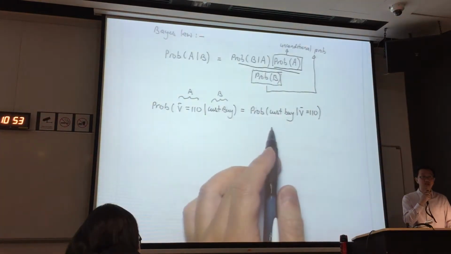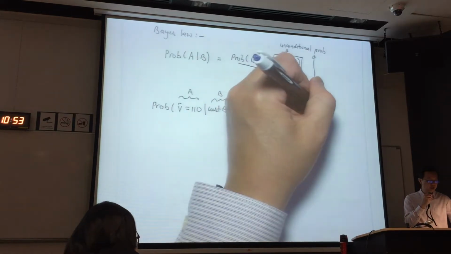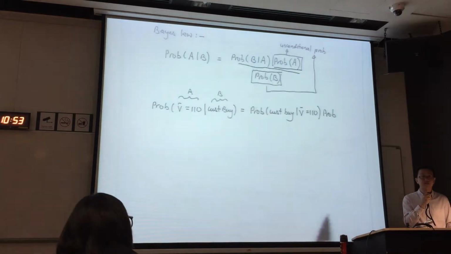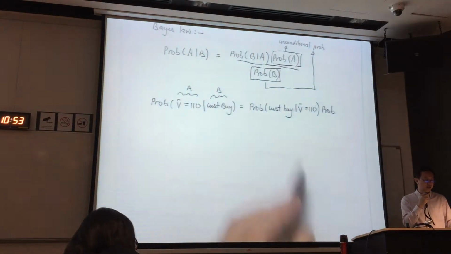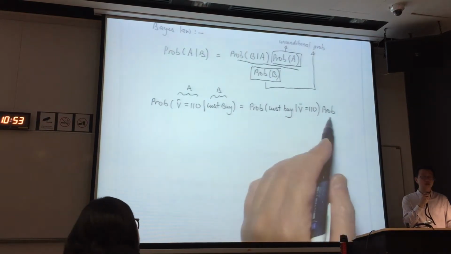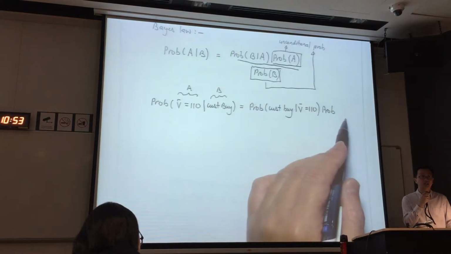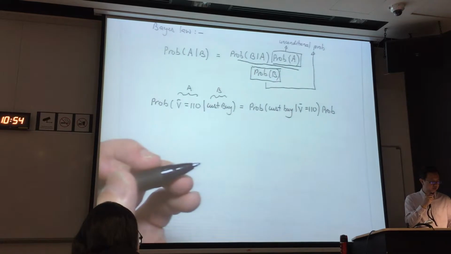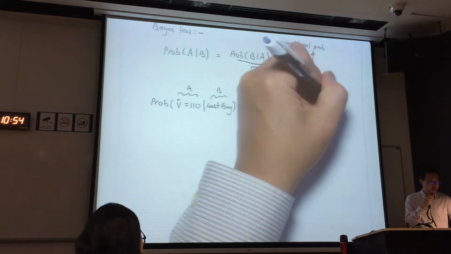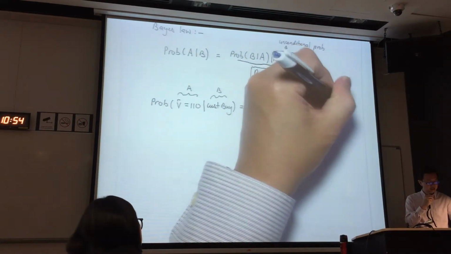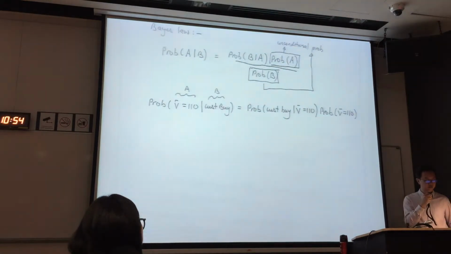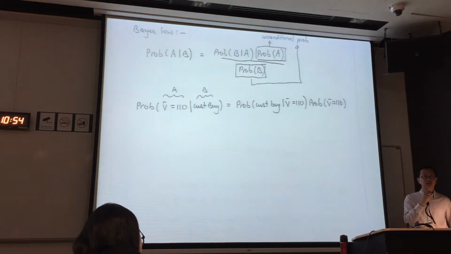So the conditional probability will have to multiply by the unconditional probability of what? Event A, probability of event A. So probability of the value is 110. Okay?